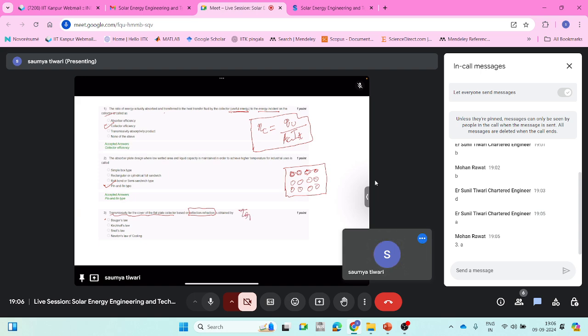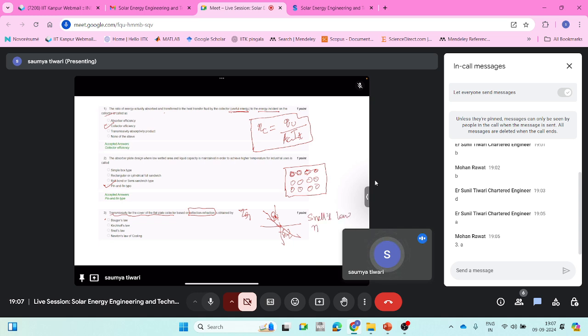If you'll remember this diagram, this is your incident beam, this is your angle of incidence, and this is your angle of refraction. This is theta 1 and this is theta 2. So if we're talking about transmittivity of the cover based on reflection and refraction, then we are talking about Snell's law, right?